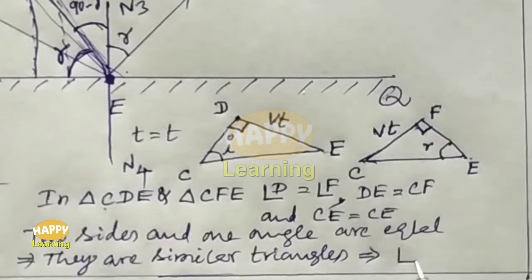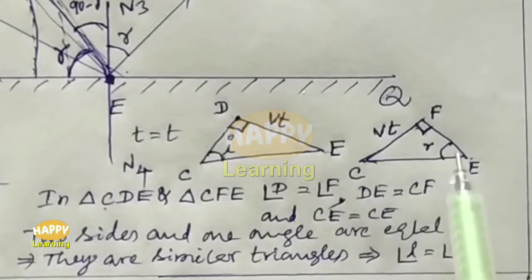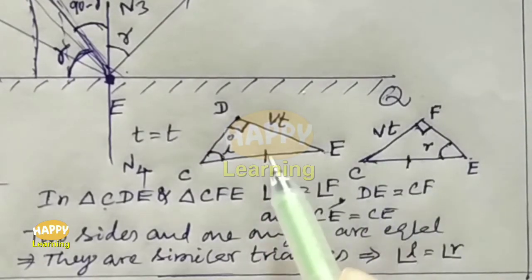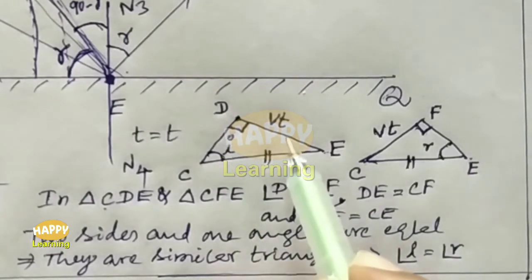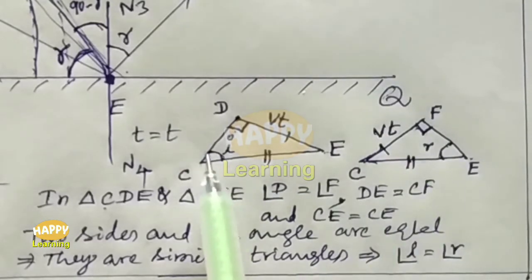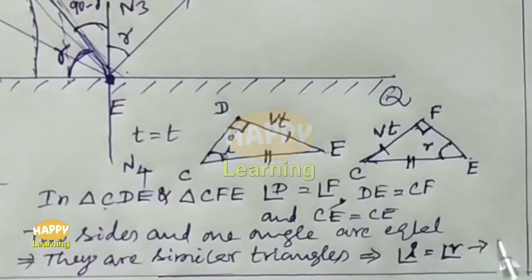That implies angle I is equal to angle R. If they are similar triangles, this angle should be equal to this angle. This side should be equal to this side. So these two sides are equal, this angle equal, then this angle should be equal. So angle I is equal to angle R. This is first law.